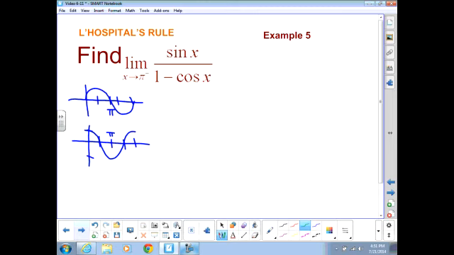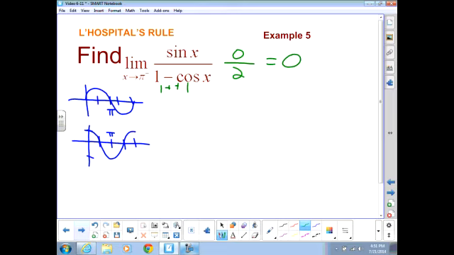So when we do direct substitution, sine of pi is 0, cos of pi is -1. So we're doing 1 minus a -1. That gives us 2. Notice this is not a 0 over 0 case. This is not L'Hopital's. 0 divided by anything is just 0. So in fact, this limit's 0.